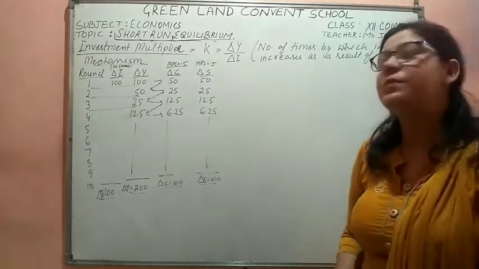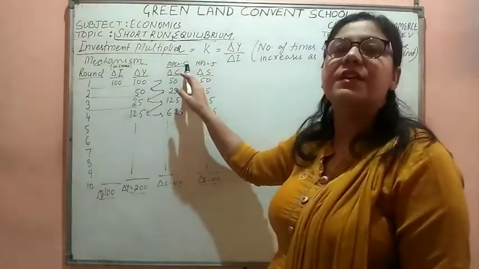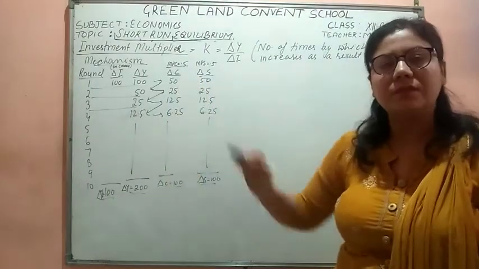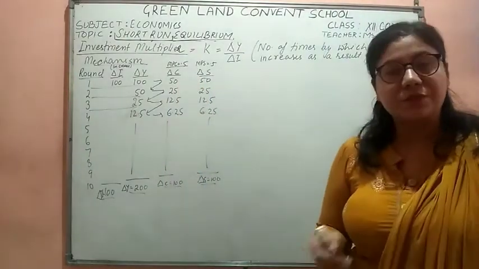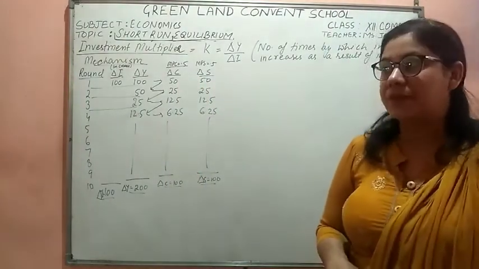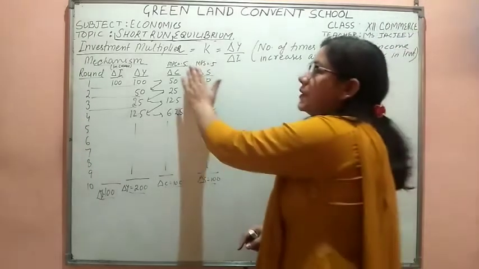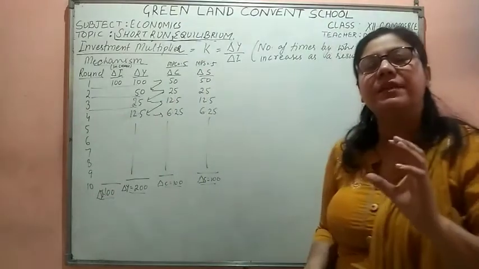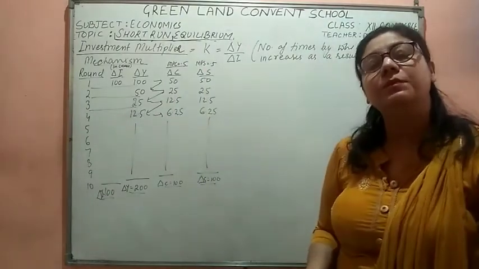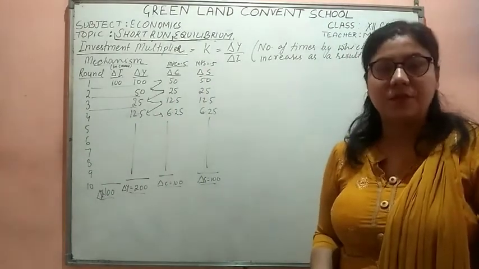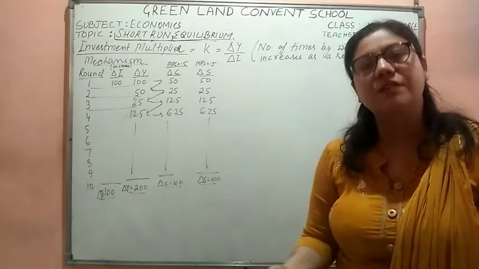Now, let's assume that the marginal propensity to consume in the economy is 0.5. And if the marginal propensity to consume is 0.5, then the marginal propensity to save will also be 0.5. When we say the marginal propensity to consume is 0.5, that means the consumer will consume 50% of whatsoever additional income there is.